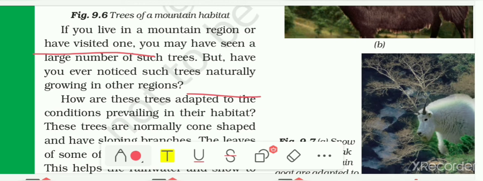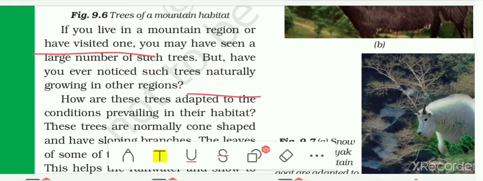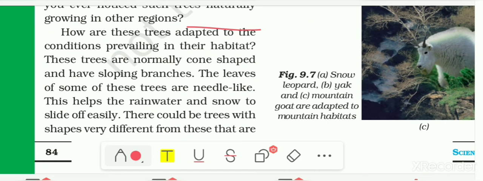But have you ever noticed such trees naturally growing in other regions, like in forests, in the plains or in deserts? No, you will not find these kinds of trees in other habitats like plains or deserts. So how are these trees adapted to the conditions present in their habitats? How did these trees adjust themselves to such conditions?